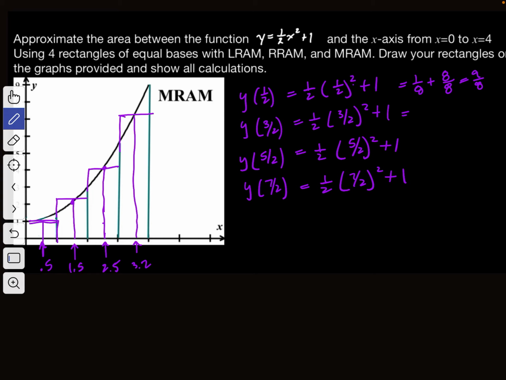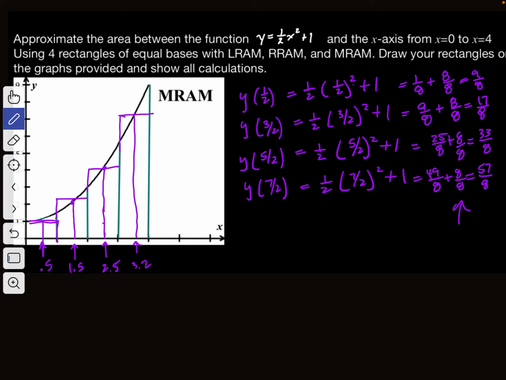Half of 9/4 is 9/8 plus 8/8, 17/8. Then 5/2 squared is 25/4, half of that is 25/8 plus 8/8 is 33/8, and the last one is 49/4, 49/8 plus 8/8, and that is 57/8.